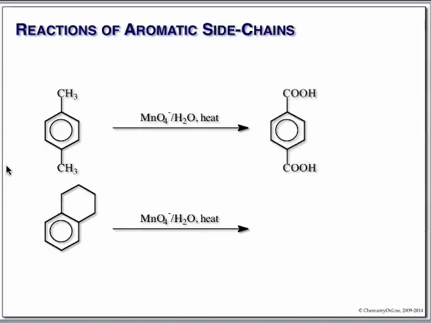If we have this one, once again, we're going to split at both benzylic carbons, and we wind up with phthalic acid itself. So that's benzene-1,2-dicarboxylate. Any questions?